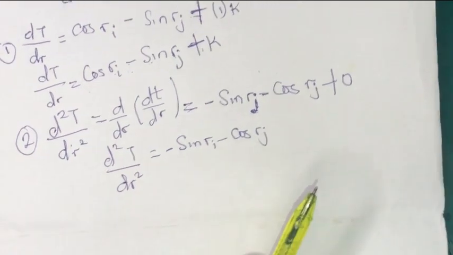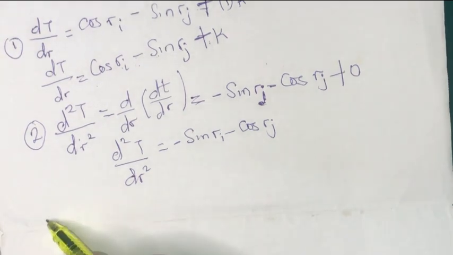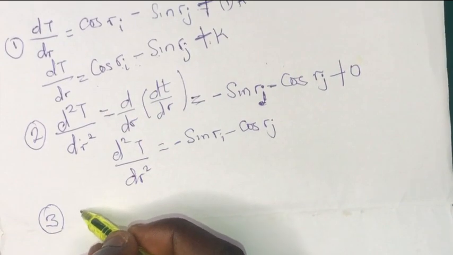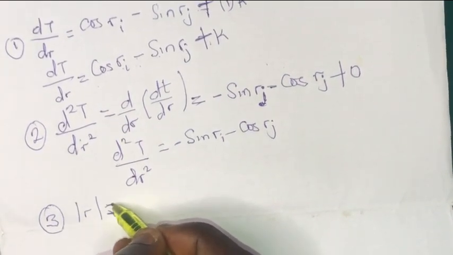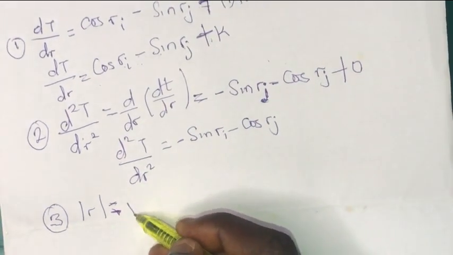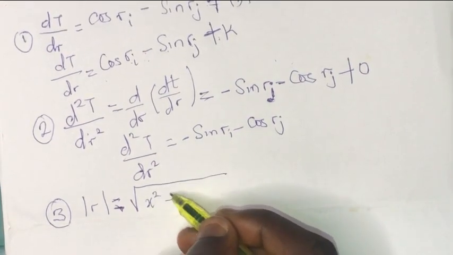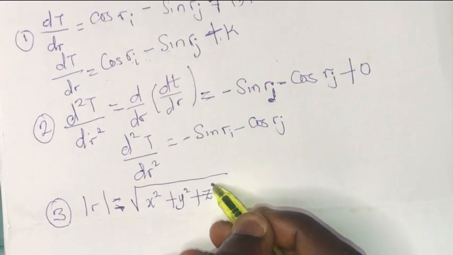Now you must understand that under absolute value, it has its own formula. The formula for the absolute value of r is the square root of x squared plus y squared plus z squared.